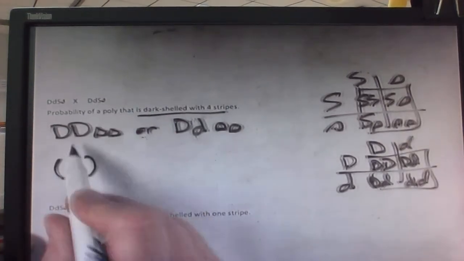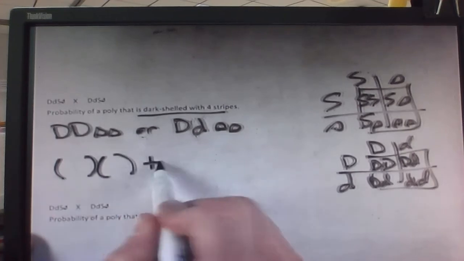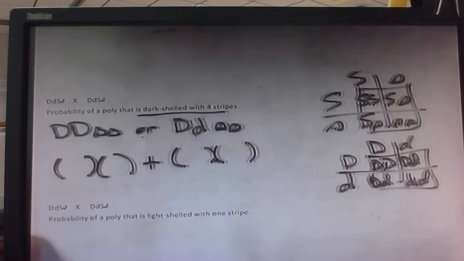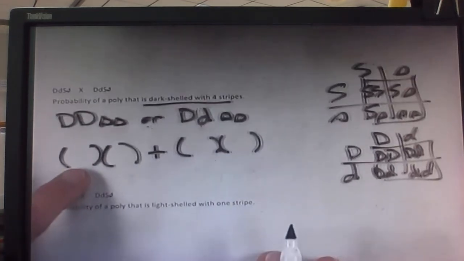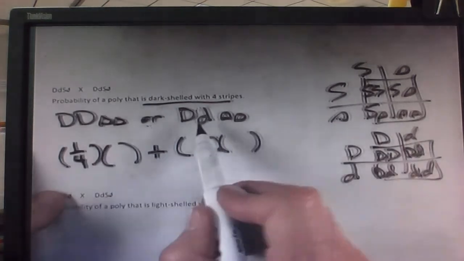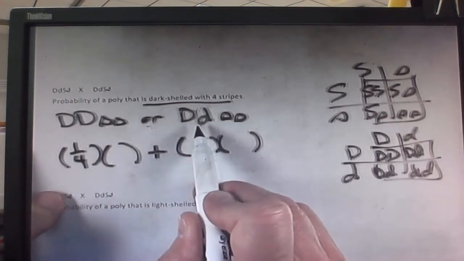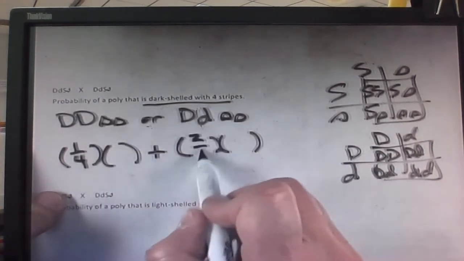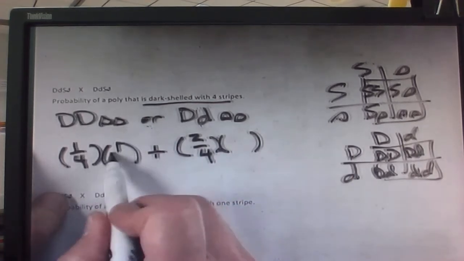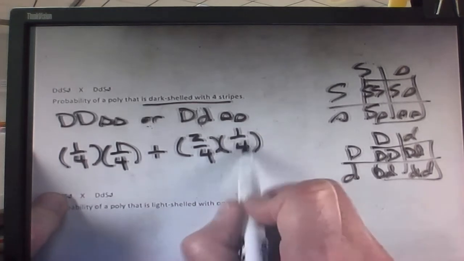Okay, so I need this and this, or this and that. What's the probability of capital D, capital D? What's the probability of capital D, lowercase d? What was the probability of lowercase s, lowercase s?